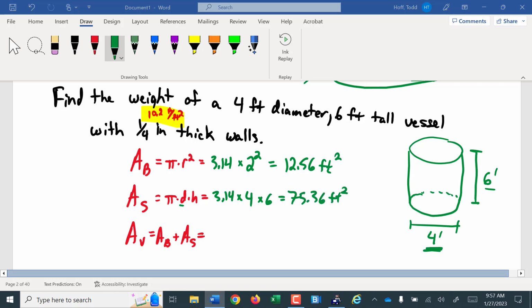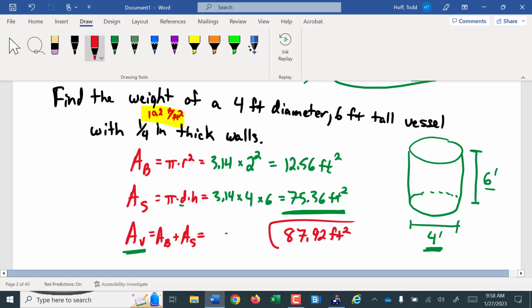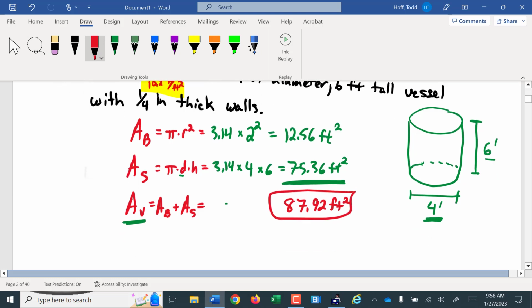So 75.36 square feet. And then, of course, the area of the whole vessel is just found by adding those two up. So what do we get? 87.992, thank you, square feet. So that's the area of the whole vessel.